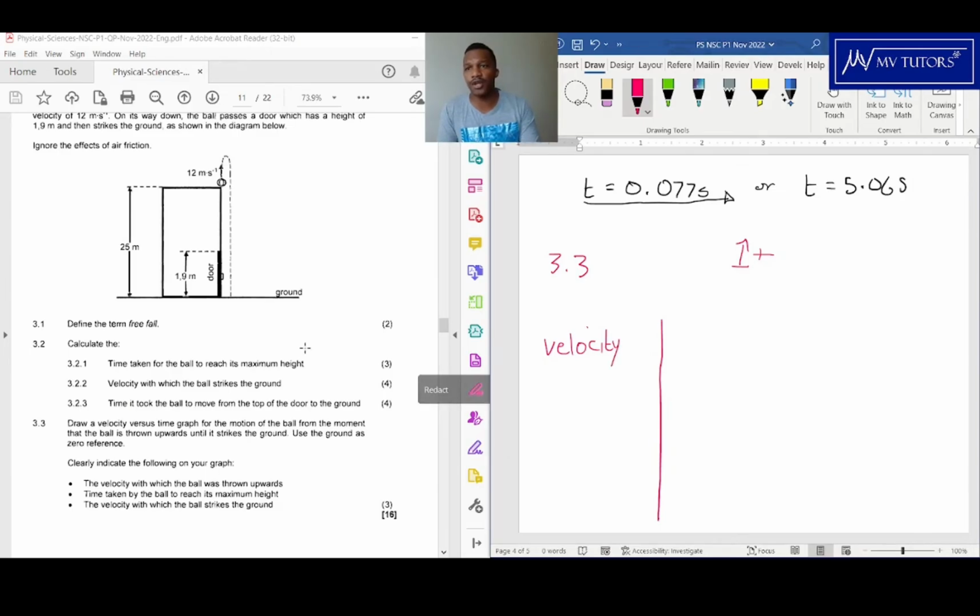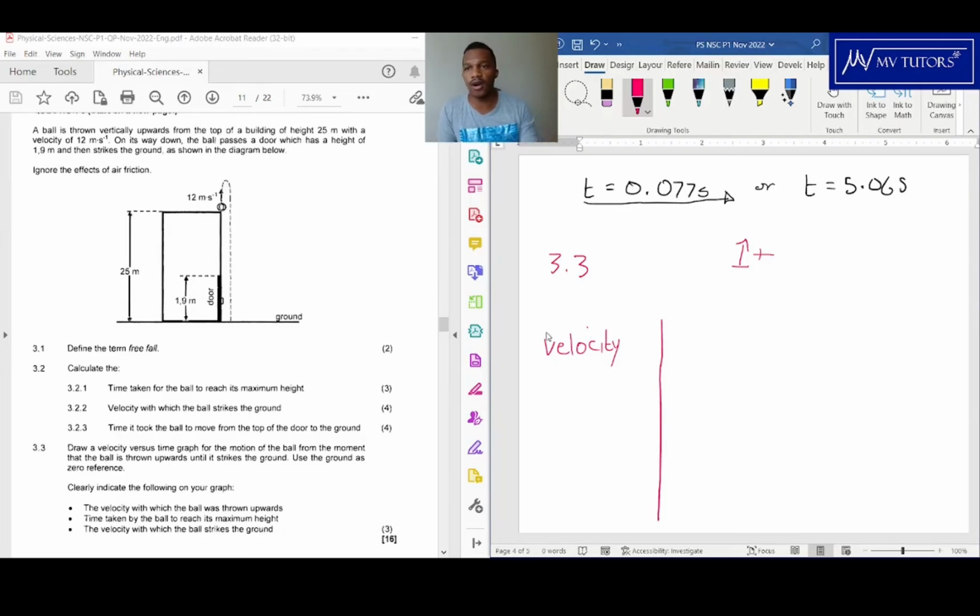Now we know that the velocity of the ball, it started with 12 meters per second and it was positive because it was going up, and we chose up. That initial velocity was 12. So we'll put 12 right there. This is velocity in meters per second.